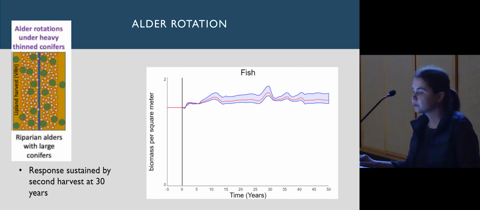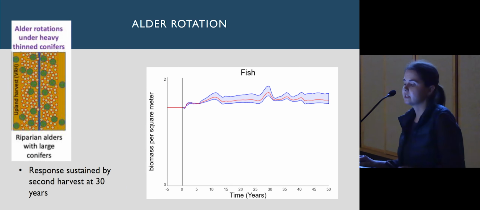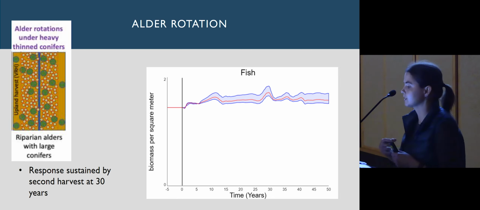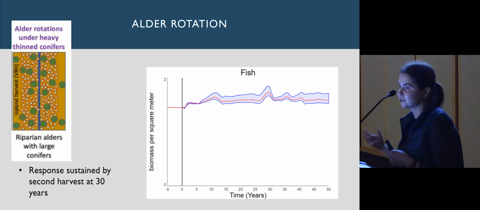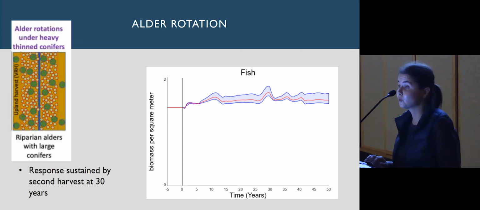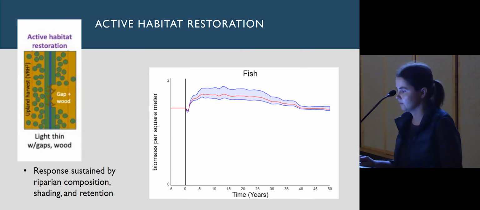When we look at alder rotation, this is heavily thinning and then leaving the alders, and then after about 30 years, going in and harvesting those alders. So there's essentially a second disturbance to this model after about 30 years, which is one of the reasons why, for this particular treatment, we see a sustained response that lasts longer compared to our previous ones.